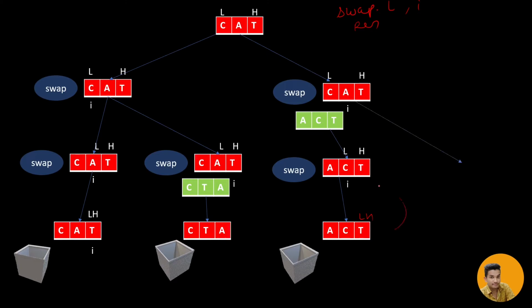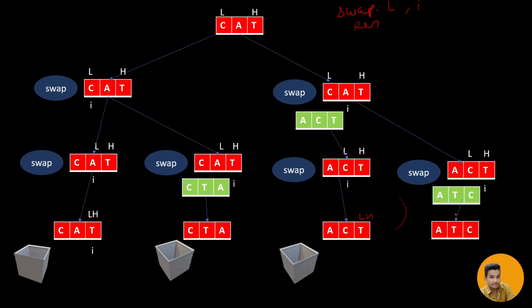Now we'll go back to this level. Now low is here and I will be incremented, so going back again. You see, when we are going back, I is incremented and swapping is done again, and this is the new solution formed. So we'll put this in the container because the next L and H will be at the same position.